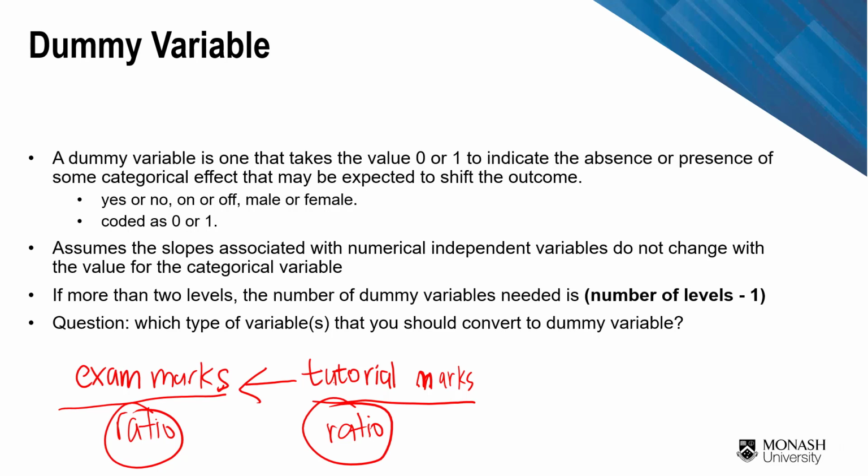Now, how about if you have a variable that is actually nominal or ordinal in nature? For example, it could be male and female, on and off, or yes and no. The nature of regression only takes in ratio numbers because they have to be quantitative.